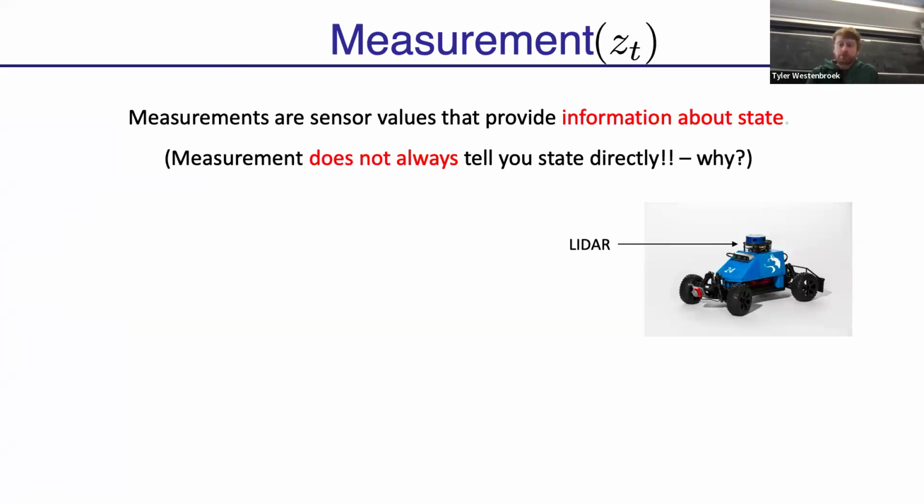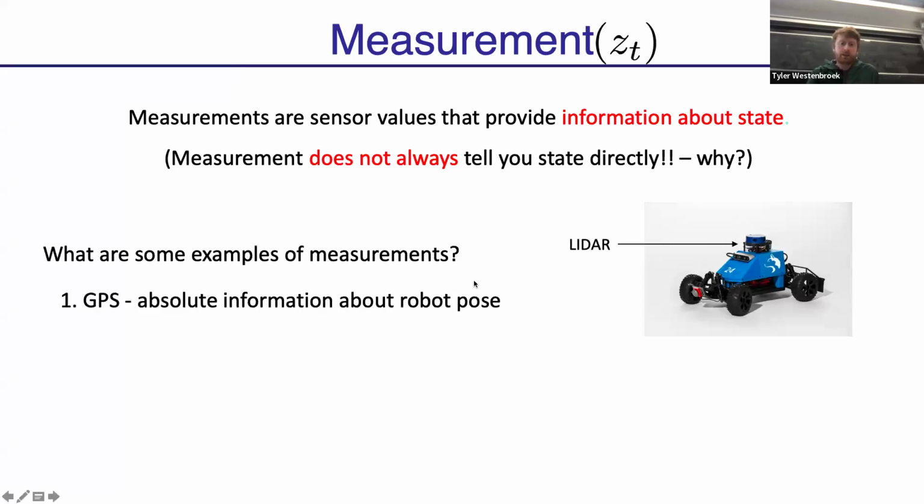The key thing here is that in a lot of cases, our measurements are going to exactly tell us what the state is. One simple example: if I have a GPS measurement of where my car is, and I'm the military, so I have it up to about an inch precision, a GPS measurement very directly tells you where your robot is in the world, right?